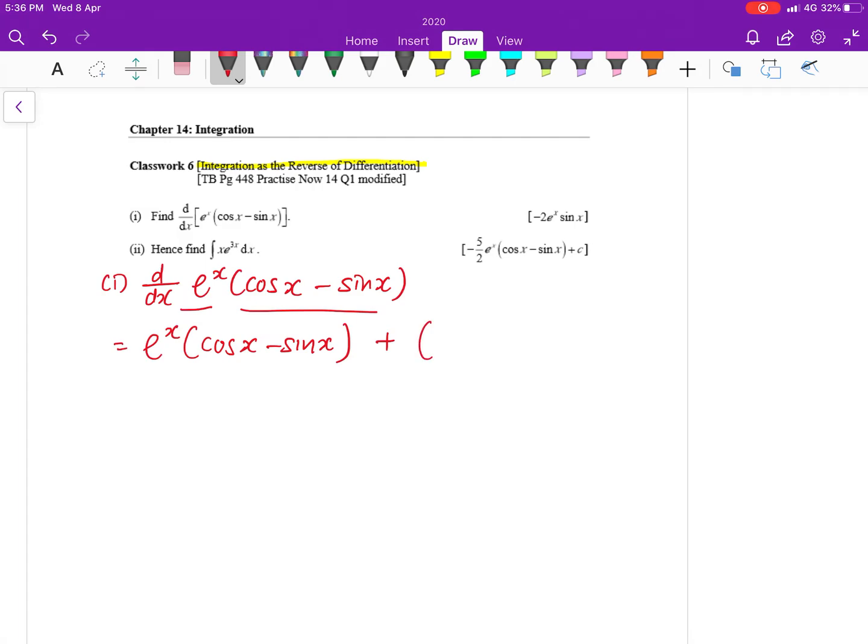I must differentiate cosine x minus sine x. I differentiate cosine x minus sine x, I get negative sine x minus cosine x, then multiply by the first term. Then multiply everything in. Hopefully we can cancel some stuff out.